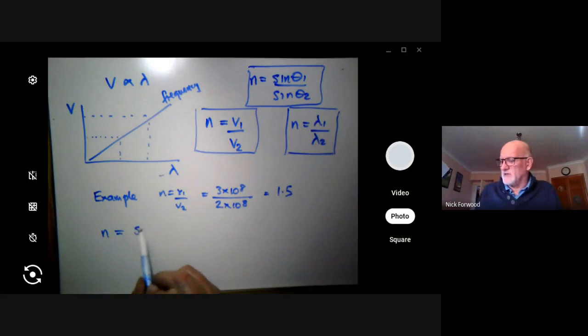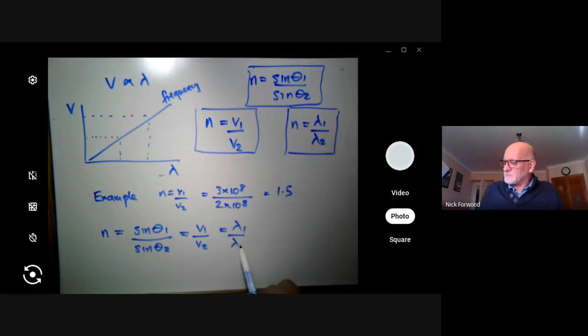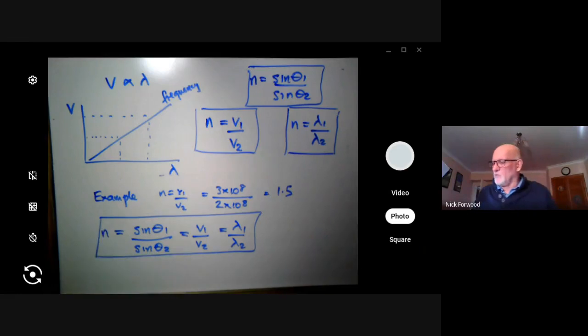N equals sine theta 1 over sine theta 2. That's equal to v1 over v2, and that is equal to lambda 1 over lambda 2. And we've got 1 mega formula, and that's actually the formula that's on the relationship sheet. You don't see the 3 separate formulae. You see them all combined in this mega formula.